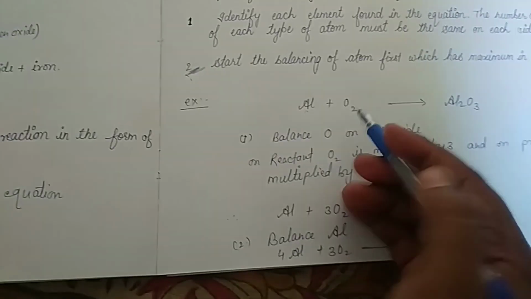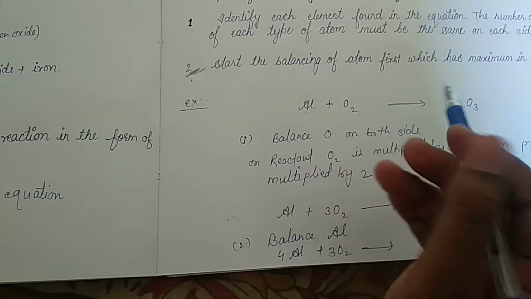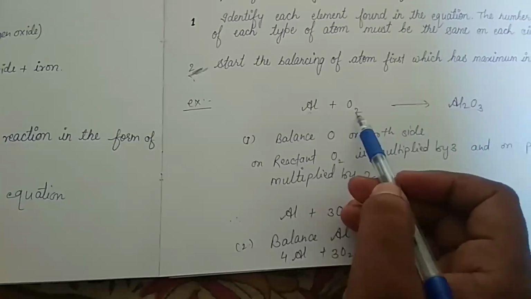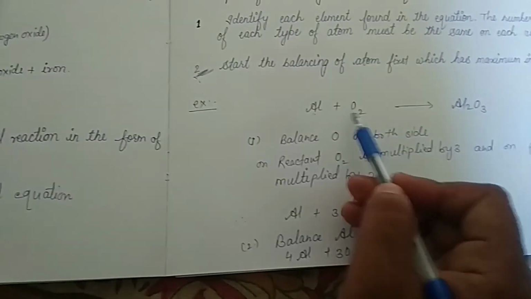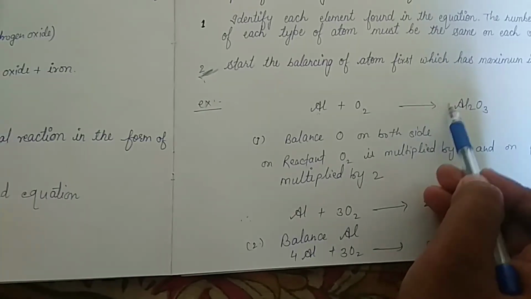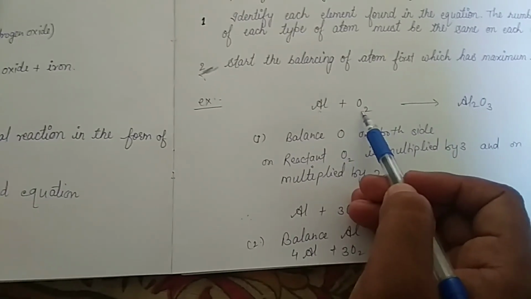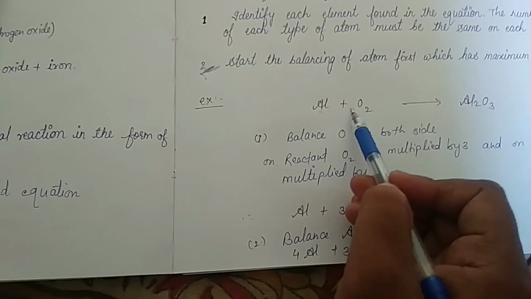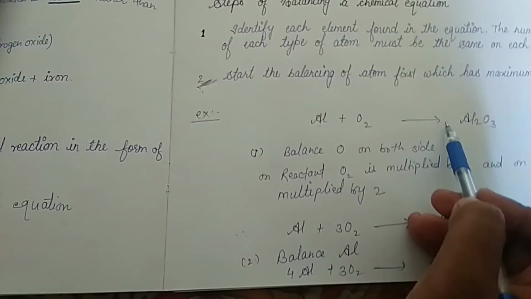How can we balance 2 and 3? 2 and 3 are never equal to each other. So we will multiply 2 by 3, which gives 6, and on the other side we will multiply 3 by 2, which gives 6. If we multiply the reactant by 3 and the product by 2, then oxygen will be balanced. Let's see.